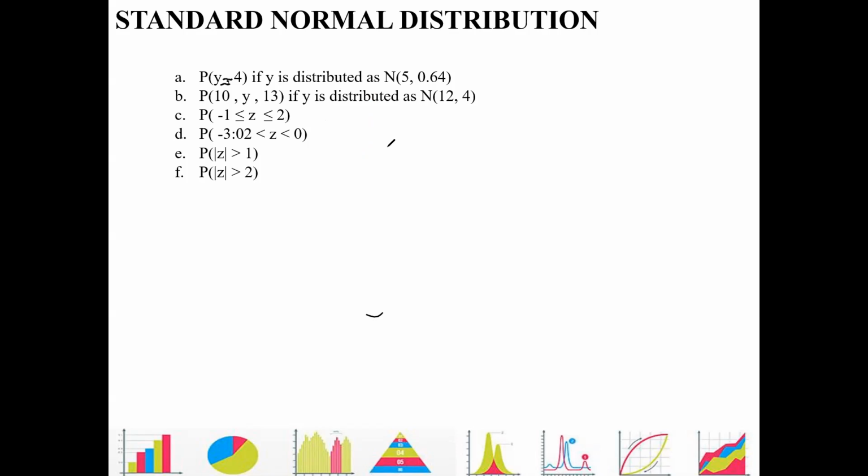And so, yung formula natin is Z is equals to Y minus the mean over the standard deviation. So, we have 4 minus 5 over the square root of 0.64 dahil variance yan.